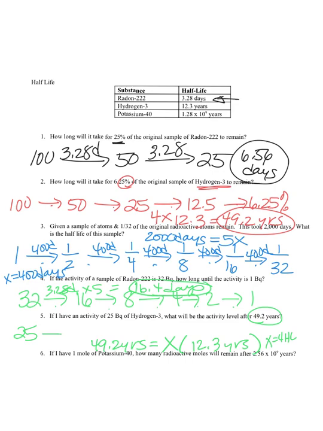So after 4 half-lives, 25 goes to 12.5, that's 1. 6.25 is 2. 3.125 is 3. And then I do 3.125 halved, and at some point if you want to round that, it's just fine. But I'm going to get 1.5625.